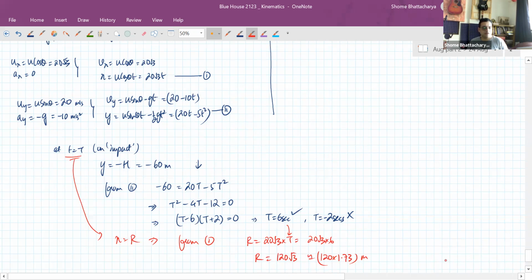And now from this equation and this equation, the velocity as a function of time is 20 root 3 i cap plus 20 minus 10t j cap.